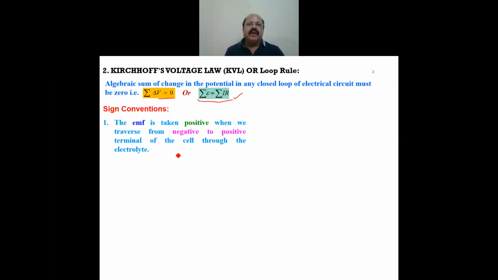Whenever you apply KVL, you have to use a loop, and that loop may be clockwise or anti-clockwise. You see the direction of that loop. If it is from the positive terminal to the negative terminal of the cell, then the EMF is taken as positive.